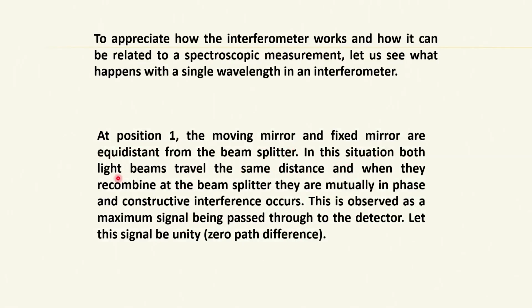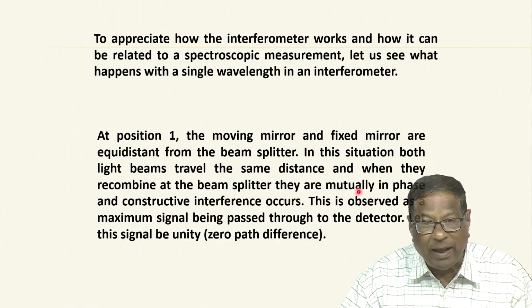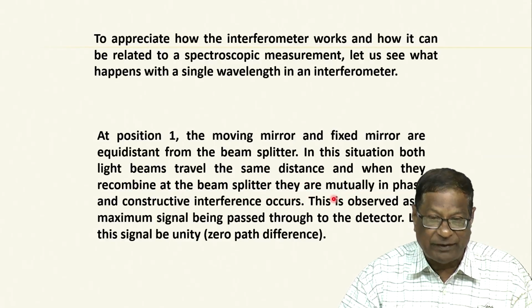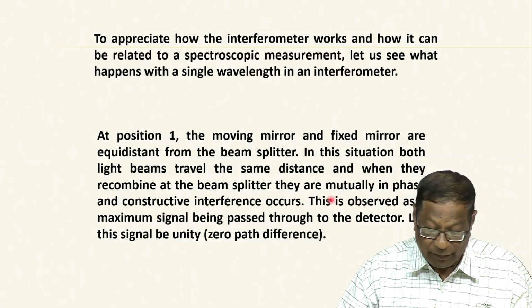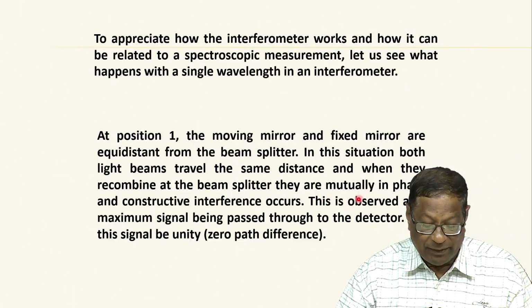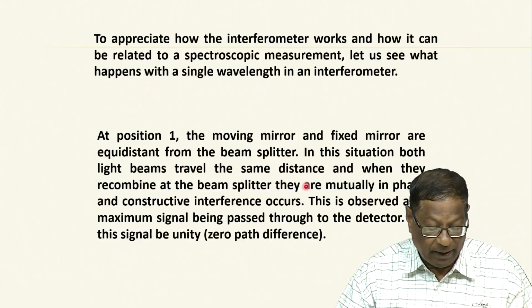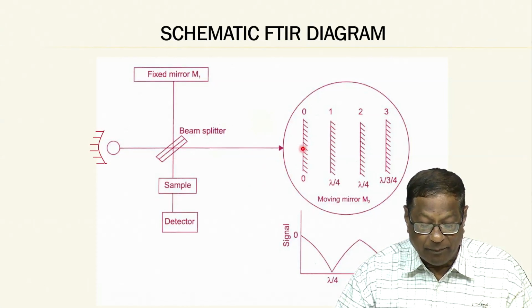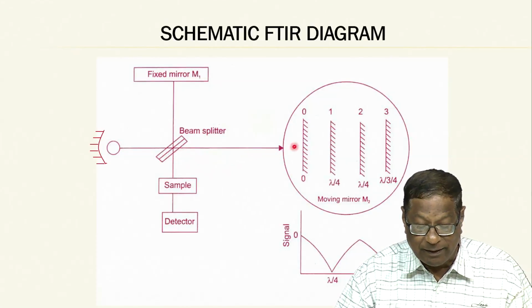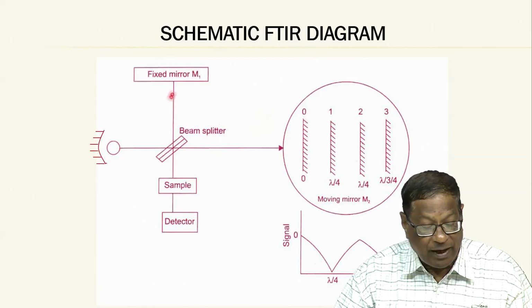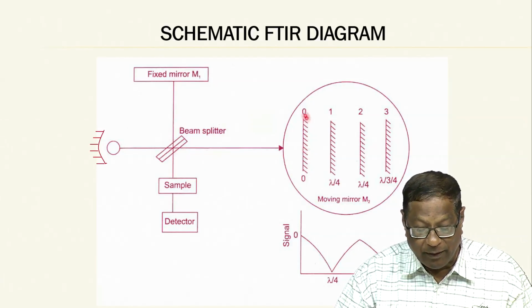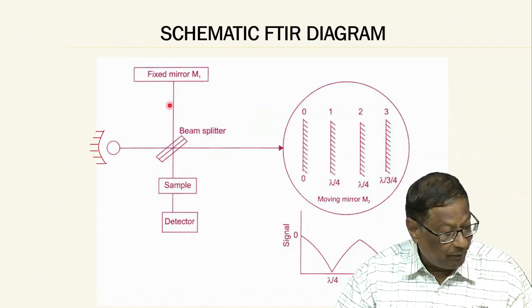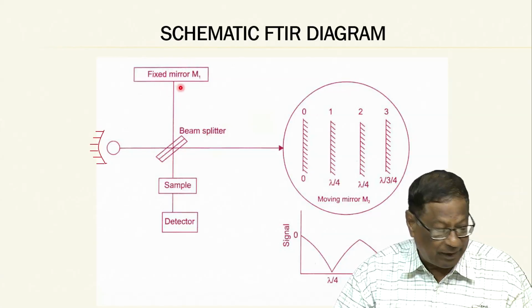In this situation, both light beams travel the same distance, and when they recombine at the beam splitter, they are mutually in phase. That means there is no difference between the intensity of the radiation between this position and this position, 1 and 2. 2 is always the fixed mirror.